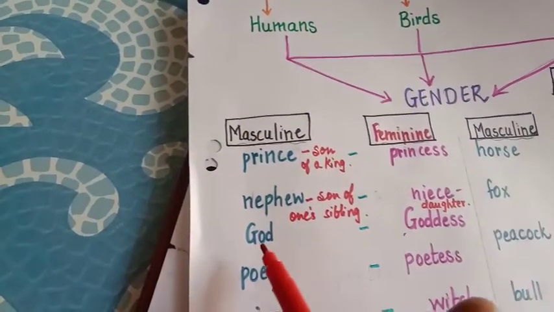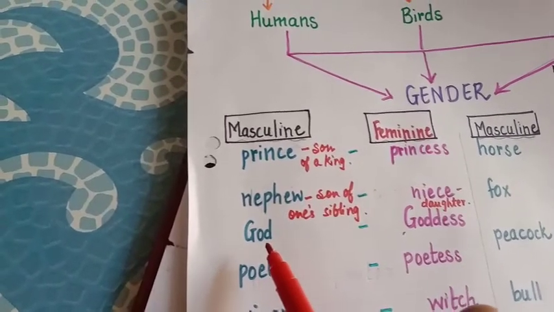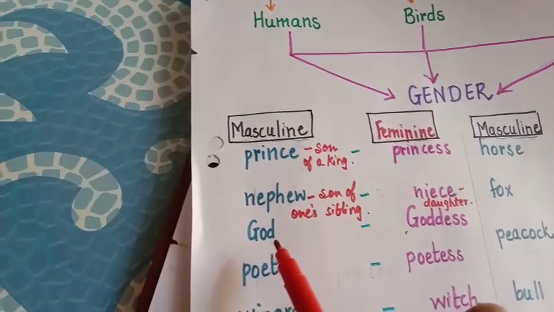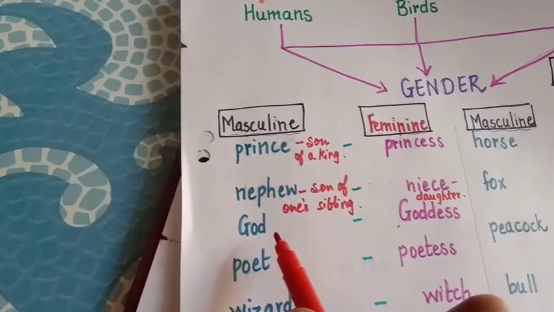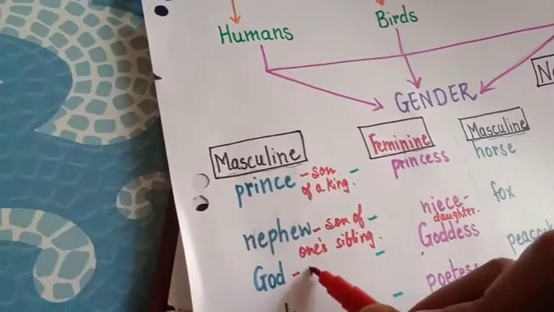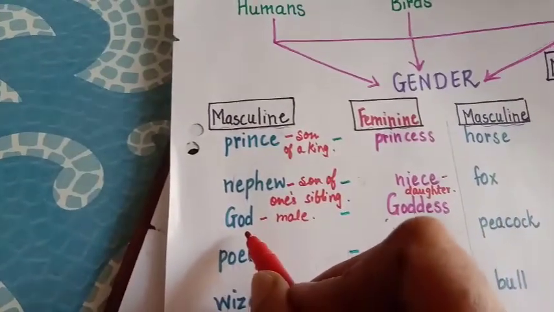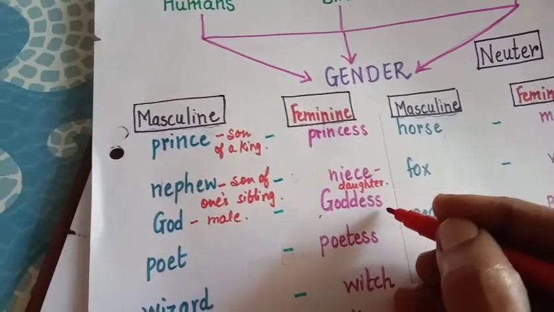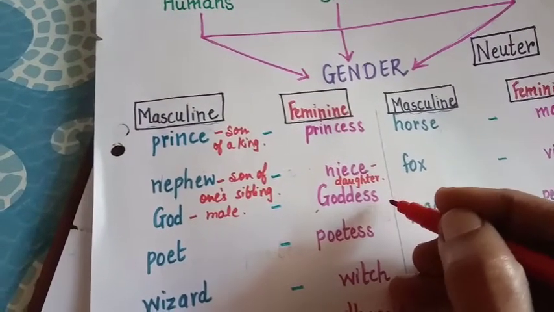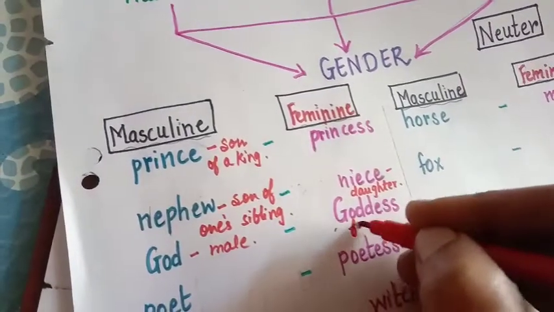Next is the God. The God is a superpower, the almighty super ruler who rules the whole world. If the God is a male, we call him God. And if it is a female superpower ruler, it's known as goddess.